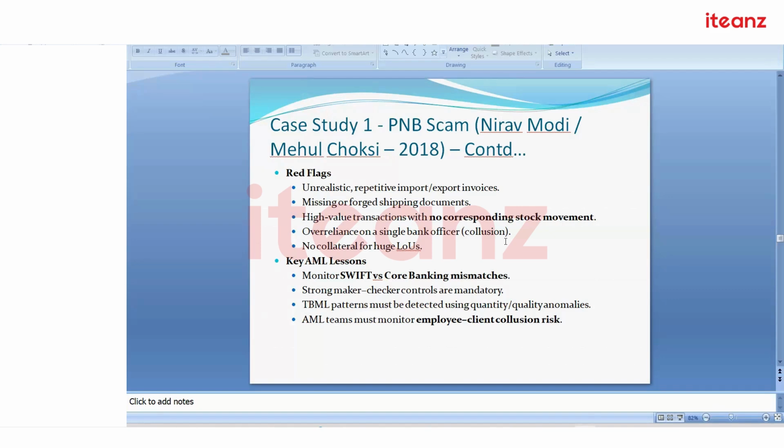Then how this came into the limelight is when this case went to the RBI level, the FIU team and all. When the FIU team started verifying, they found it. SWIFT is a standard protocol used when cross-border transactions happen.